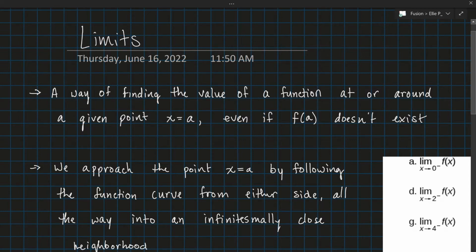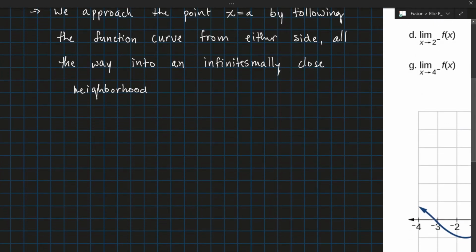Which is really just a fancy way of saying that if we have a curve, it could be any random curve, let's say we wanted to find the function value at this, our x equals A. Well, if we knew the equation of the function, then we could just plug in f of A because this point is on that curve, right?